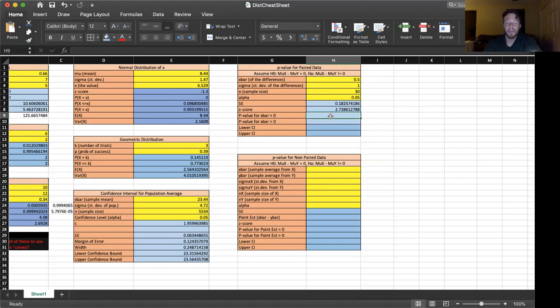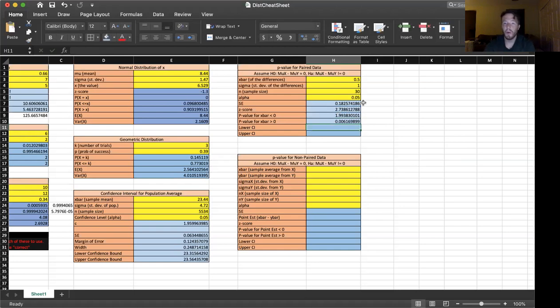If it's in the case where it's below mu, the p-value is going to be 2 times the tail probability, which is just NORM.S.DIST of this z-score, comma 1. And if it is above the mean, we're going to want to do 2 times 1 minus NORM.S.DIST of the z-score, comma 1.